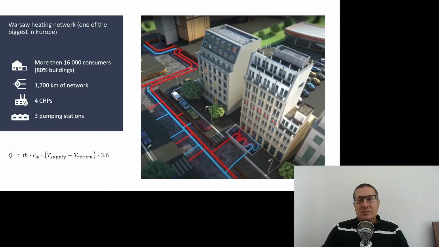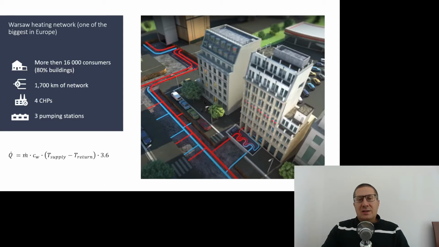Then we have around 1,700 kilometers of pipes underground, 3 pumping stations, and around 16,000 consumers, 16,000 buildings connected to the district heating network.